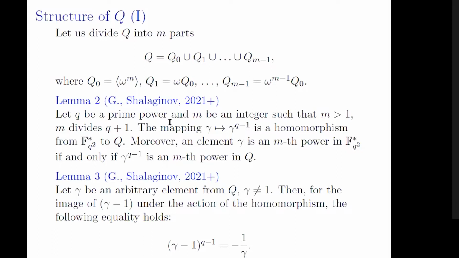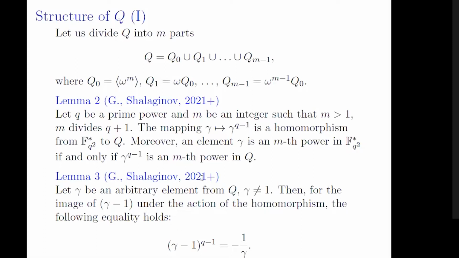So we think this is an important condition for the structure theory of finite fields. Let gamma be an arbitrary element of Q and gamma is not equal to 1, then the image of the element gamma - 1 under the action of the homomorphism is -1/gamma. So we start with a difference and get an expression in terms of gamma.